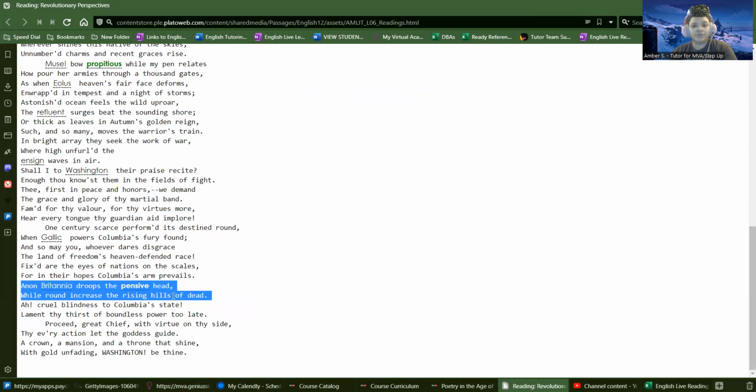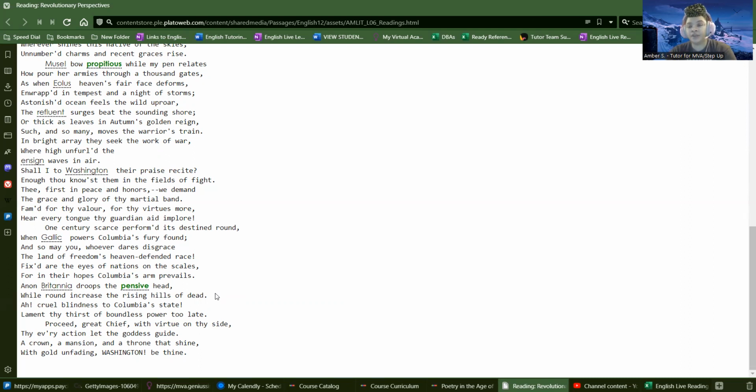While round increase the rising hills of dead. So this line is pretty much saying that Britannia has to consider whether or not this war is worth it. So like thinking deeply droops the pensive head, while round increase the rising hills of dead. So America and the colonists are fighting for freedom.